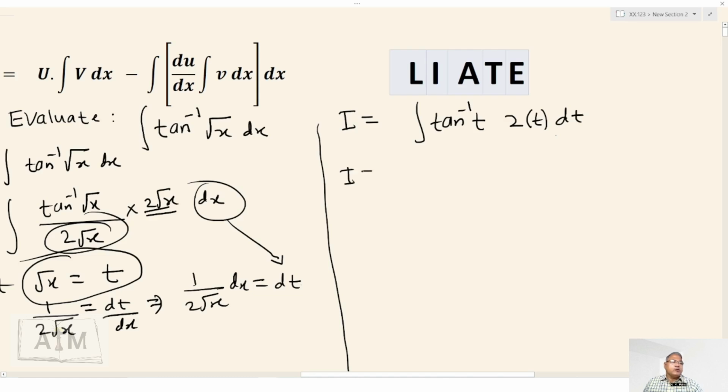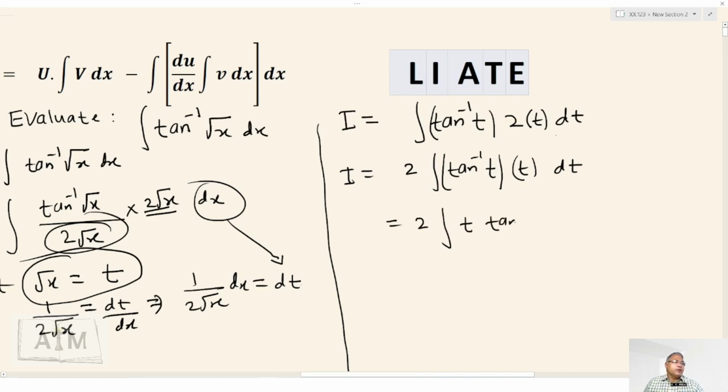So I equals 2 is a common. So we got tan inverse t into multiplied by t with respect to t. So t into tan inverse of t with respect to t.